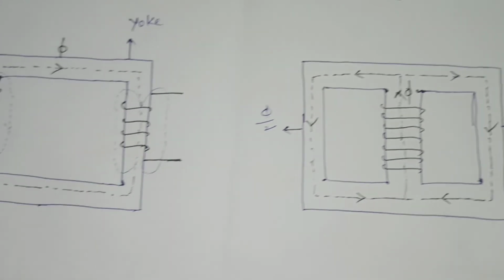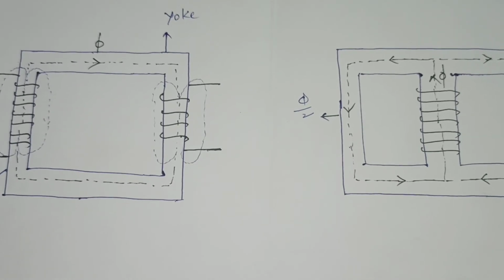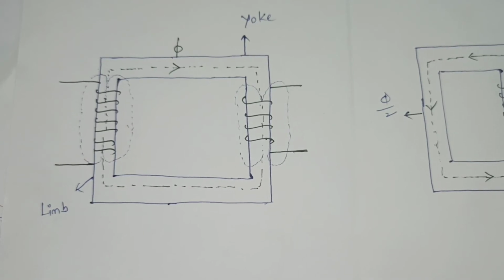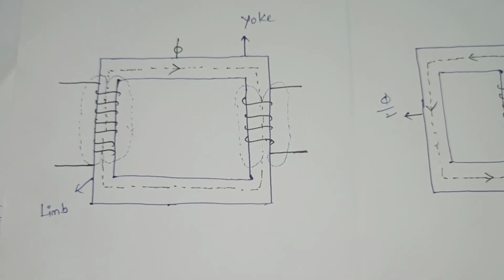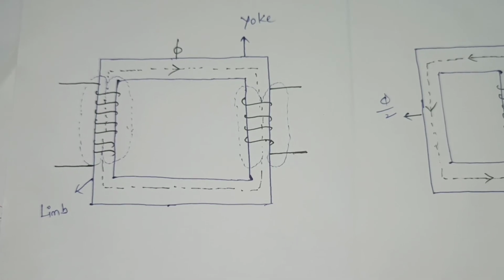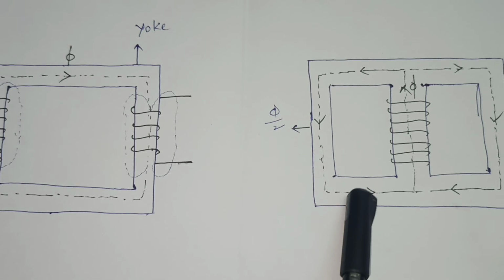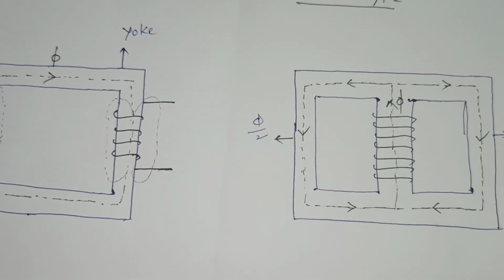Okay, and the core type transformer is most economical for high voltage and small kVA rating transformers. And the shell type transformer is economical for low voltage and large kVA transformers.